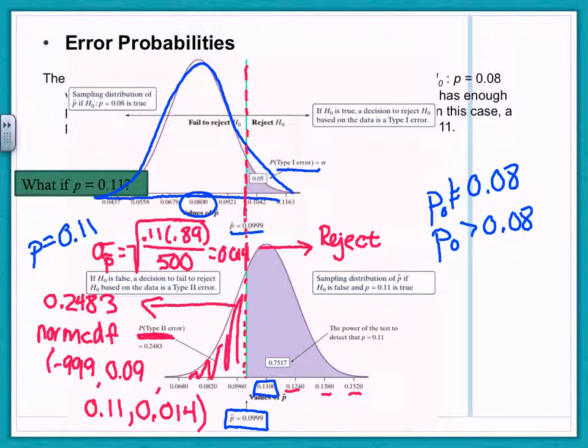Now the power of the test says that we correctly rejected a false null hypothesis, okay?